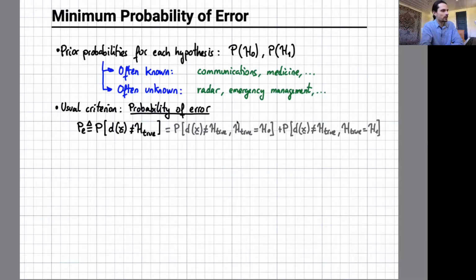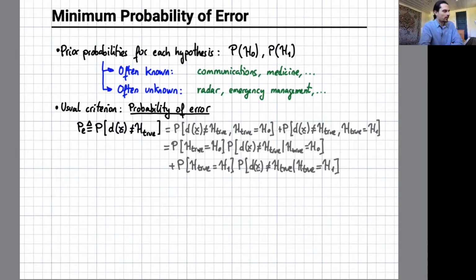One is where the true hypothesis is H0, and the other is when it is H1. And now one can apply the definition of conditional probability, and therefore this reads as the probability that the true hypothesis is H0 times the probability of making a mistake when the true hypothesis is H0, right? And the second term is the same, but for H1, right?